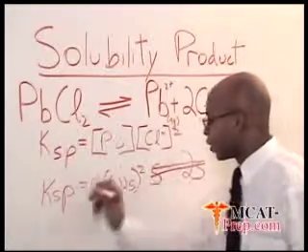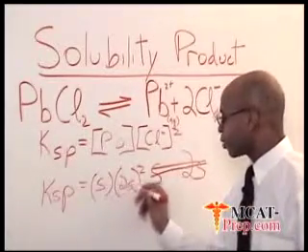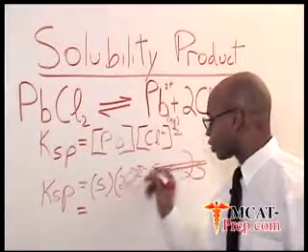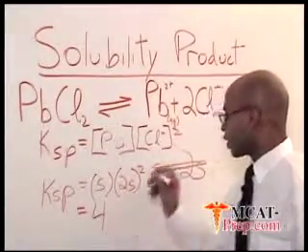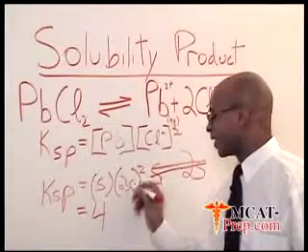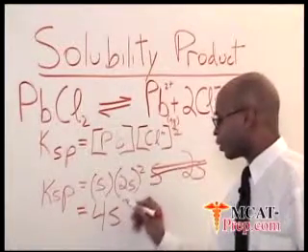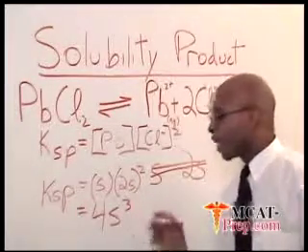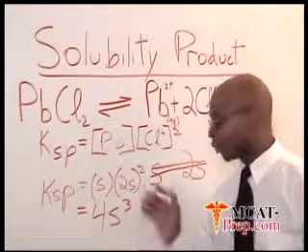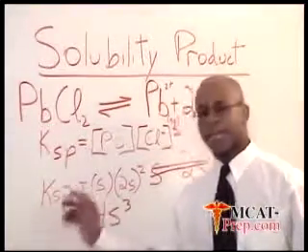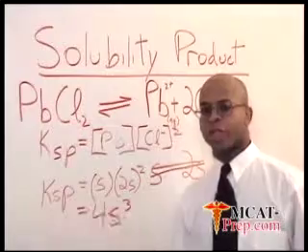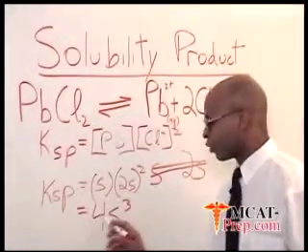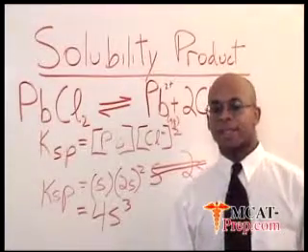So Ksp equals S times (2S) squared, and that would be equal to, well, we have 2 squared, which is 4, and then S squared times S, which is S cubed. So we would get Ksp equals 4S cubed. So if we had to calculate the solubility for the reaction, if we were given the Ksp, then we would be able to work it out based on this calculation that Ksp equals 4S cubed, where S is the solubility.